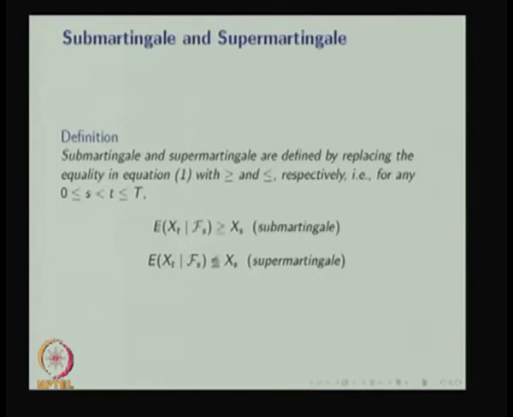If it is equal for all this interval, in that case it is a martingale. If this property is satisfied with greater than or equal to, where s is less than t and t is less than or equal to capital T, then the stochastic process is called a submartingale, and if the less than or equal to condition is satisfied, then the stochastic process is called a supermartingale.